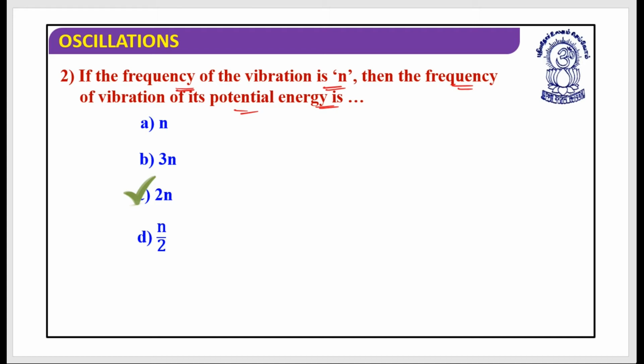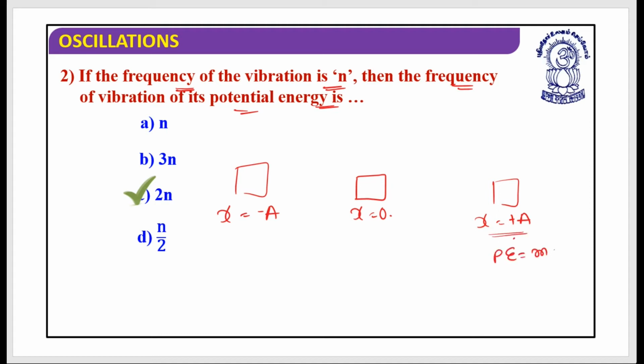How? If you look at this, this is the mean position, x equals 0, this is x equals plus a, let's say, and this is x equals minus a. At x equals a, the potential energy is maximum.